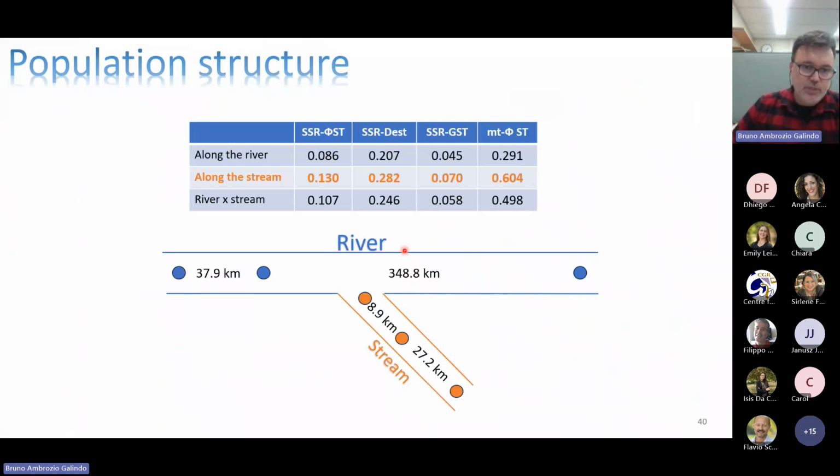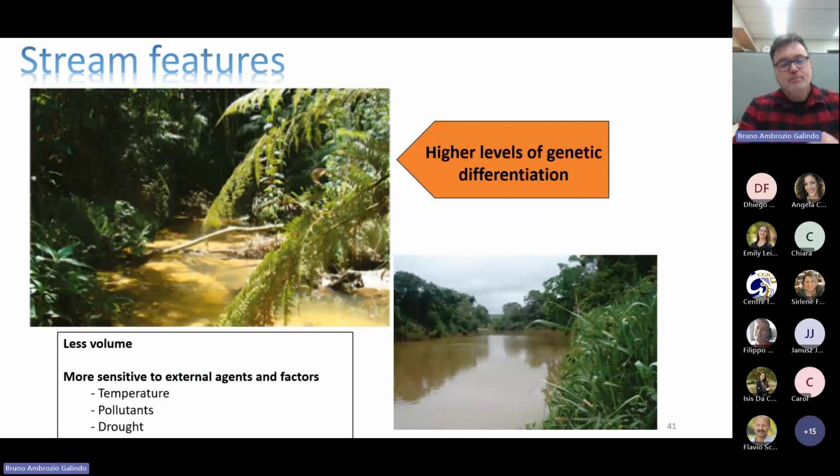And in this research, the average distance between two collection sites in the river was 37.9 kilometers, and the average distance between two collection sites in the stream was 8.9 kilometers. But when we look at the average population structure in the stream, we found always bigger values than along the river.